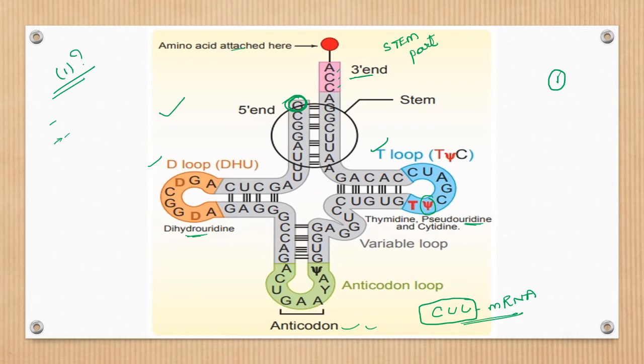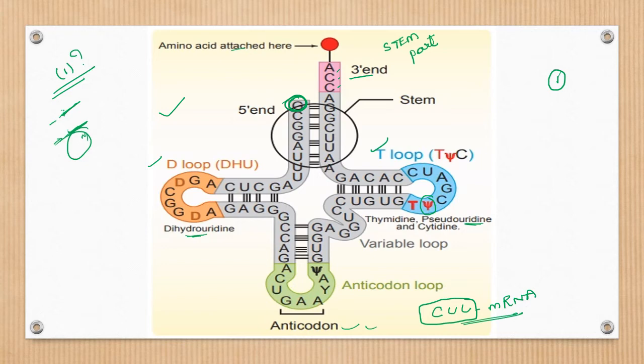Based on that, it collects the amino acid from the amino acid pool. So one end is connected to the amino acid and another end is connected to the mRNA. That's why it is considered an adapter molecule.